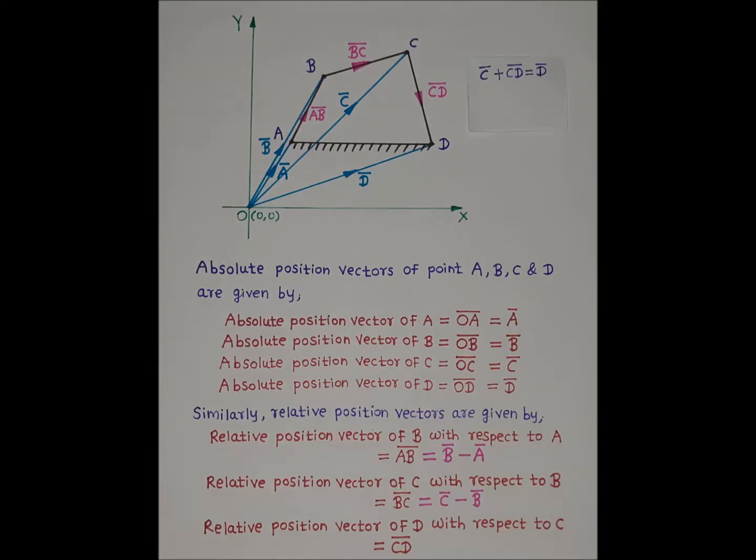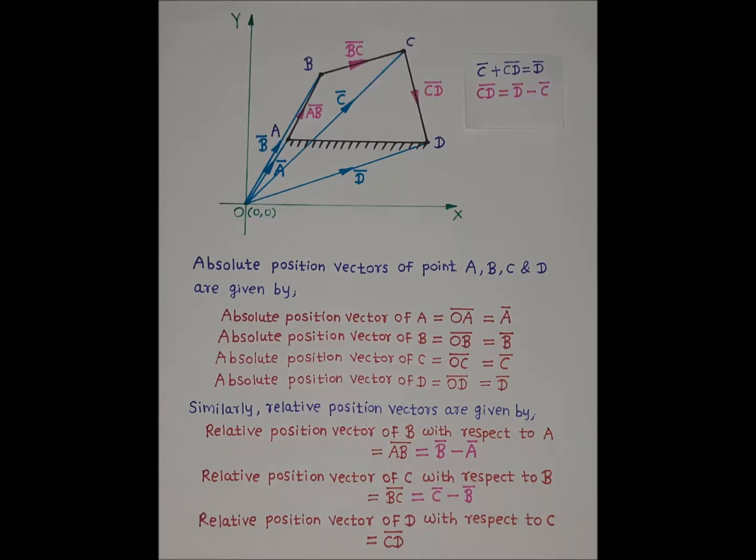Again here, if we apply triangle law of vector addition, then we can write C bar plus CD bar is equal to D bar. But as we are interested in the relation for CD bar, we will rearrange terms and we will have relation for CD bar as D bar minus C bar.